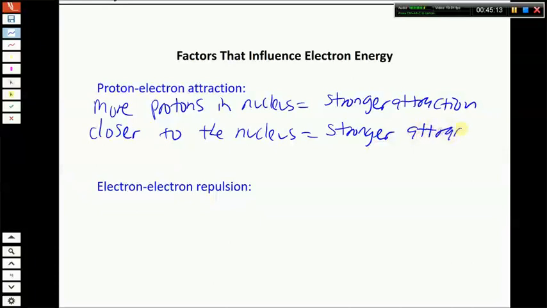So remember that we didn't see the equations exactly, but if you have two oppositely charged things interacting with each other, the strength of that interaction depends on how many charges there are, so how many protons are attracted to that electron, and also how close to each other are they.